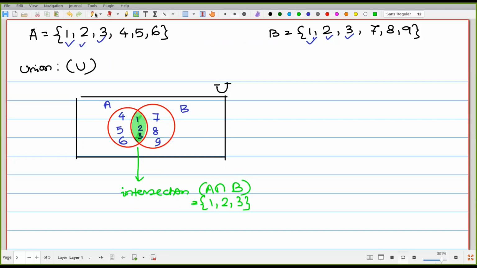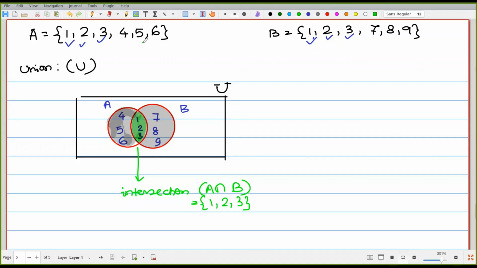Then which one is our union? So obviously the union means 4, 5, 6, 1, 2, 3, 7, 8, 9. So the complete part is our union in that way, whatever I have done using a slate color.